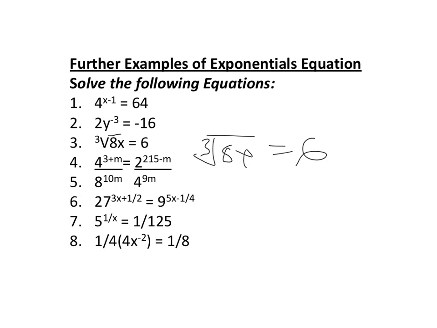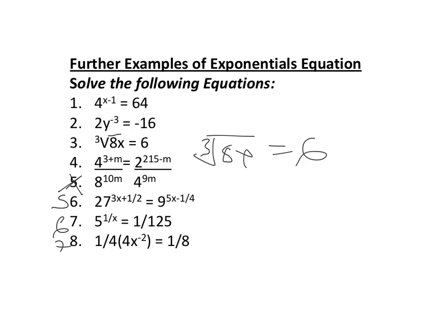Number 4. 4 raised to power 3 plus m all over 8 raised to power 10m is equal to 2 raised to power 215 minus m all over 4 raised to power 9m. And then this is number 5, this is 6, and this is 7.